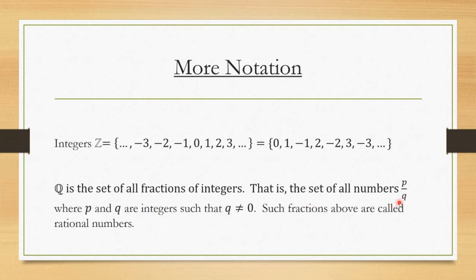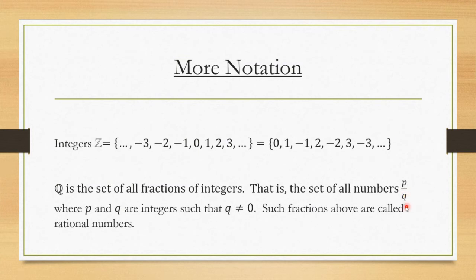Such a fraction is called a rational number. You could consider rational numbers in decimal form, but for time consideration, I'm not doing that. They're just fractions of integers. The numerator, the number on top, is any integer. The denominator is any non-zero integer. These are rational numbers.